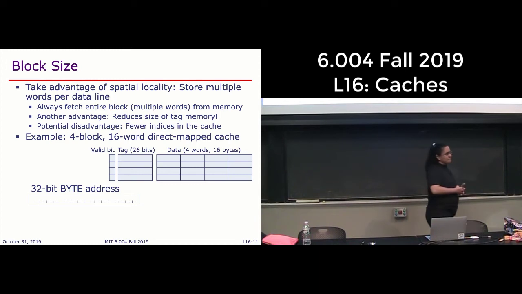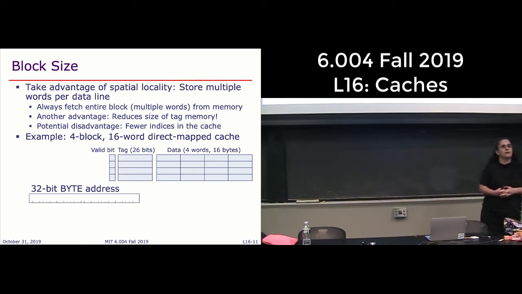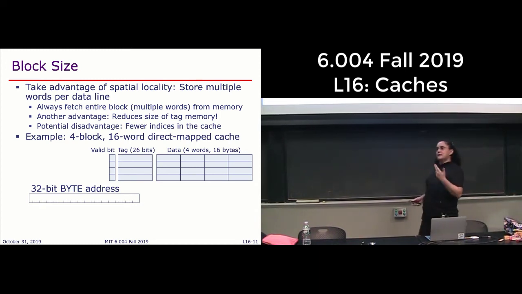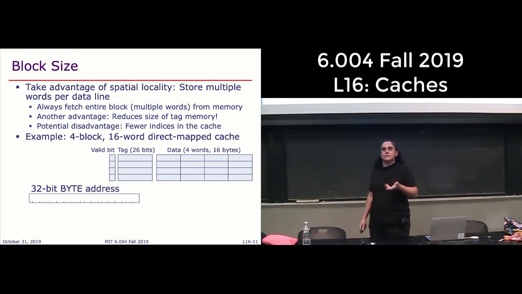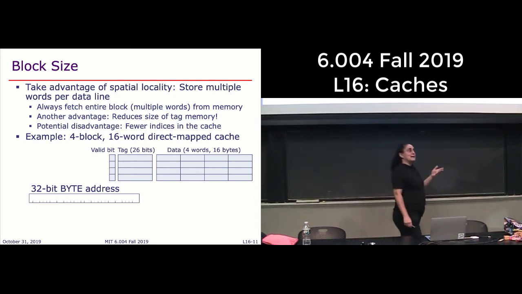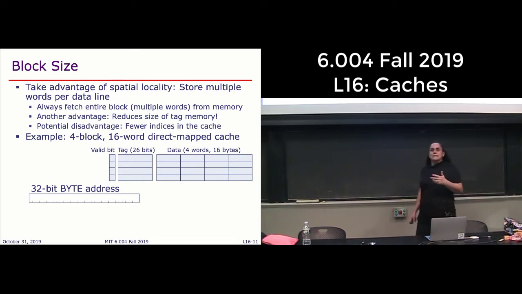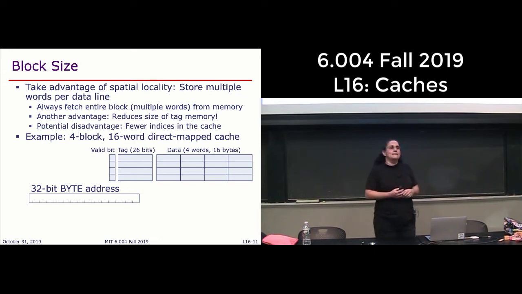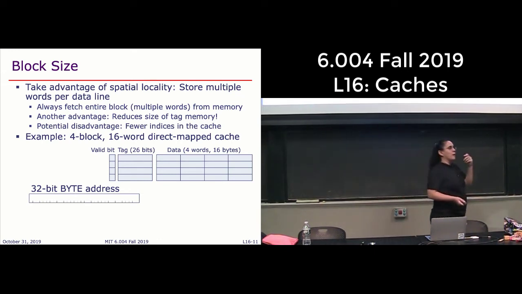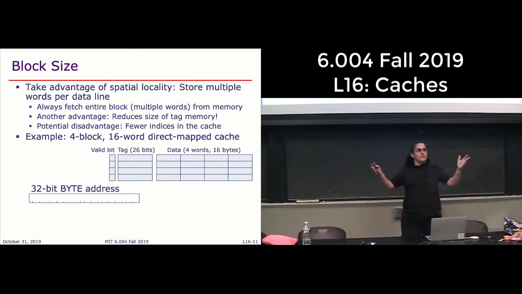So the next thing that we want to talk about is, if we want to continue thinking about how we take advantage of locality, we can actually go a step further beyond where we selected our index bits to be. So far we've been talking about every time that I bring something into my cache, it's one word wide. But if spatial locality is something that we know exists, then instead of just fetching one word from memory whenever I get a miss, it might be useful to fetch a few words from memory, right?